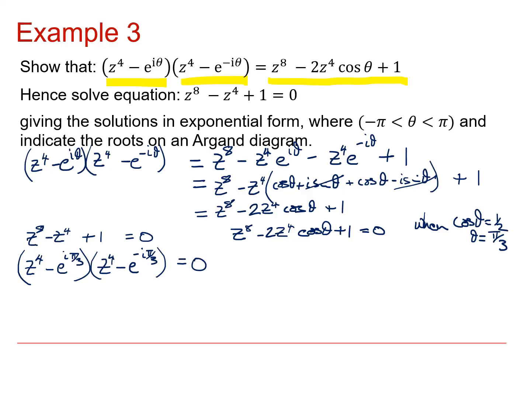Now from that I know that one or other bracket must be 0, so we've either got z to the 4 is equal to e to the i pi by 3, or I've got z to the 4 is equal to e to the minus i pi by 3. And again, remember we can put on multiples of 2 pi.